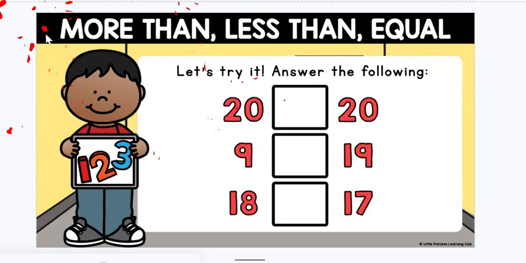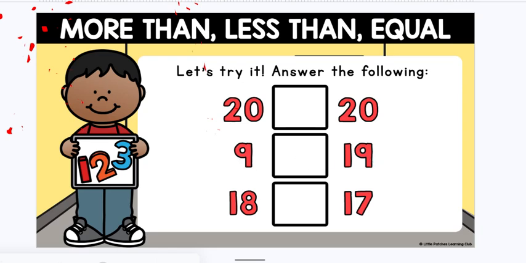Now we have numbers, okay? Let's try it. Answer the following. We're using more than, less than, or equal to. 20 is more than, less than, or equal to 20. What do you think? What about 9? 9 is more than, less than, or equal to 19.